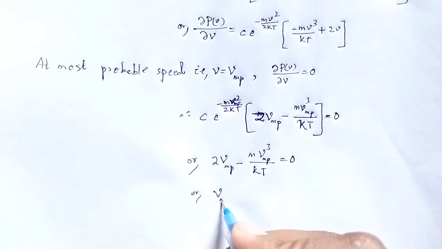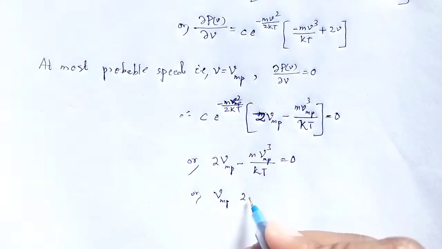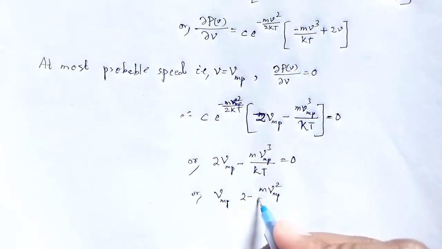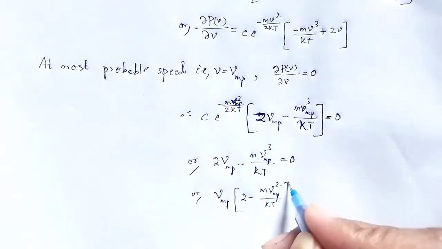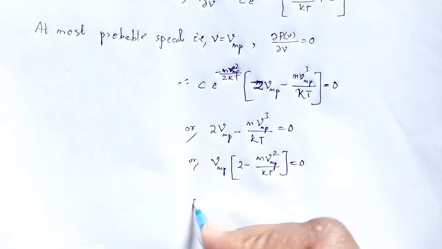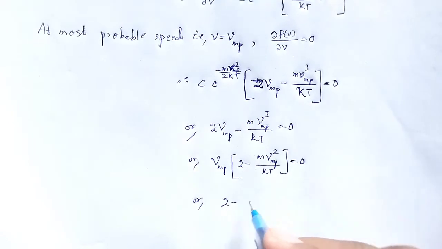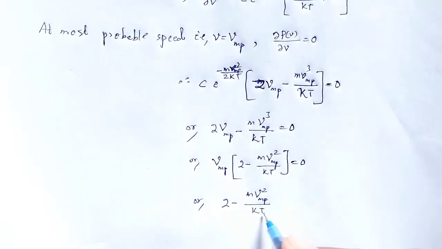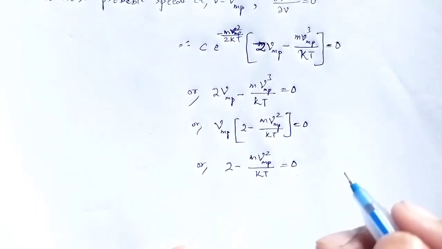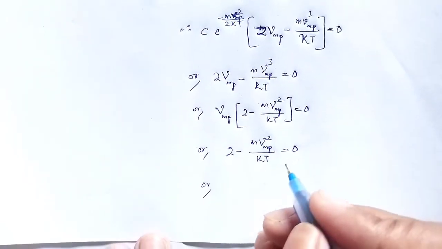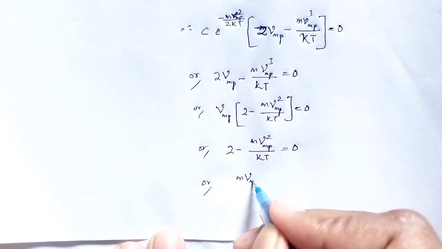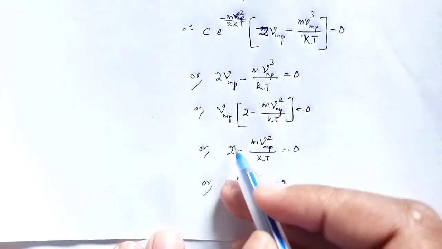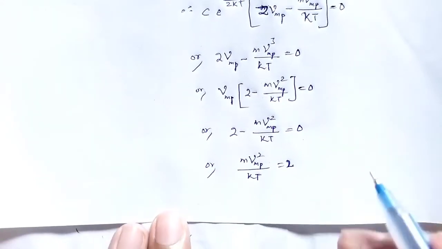Taking v most probable as common, that is 2 minus m v most probable squared divided by kT is equal to 0, or m v most probable squared divided by kT is equal to 2.